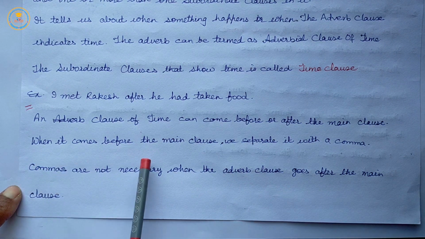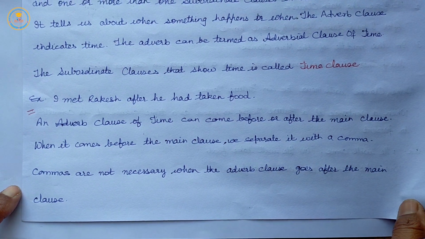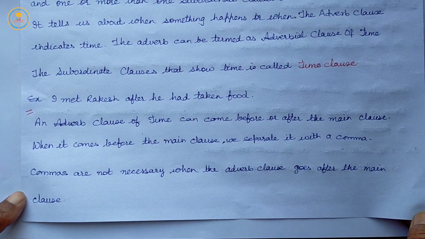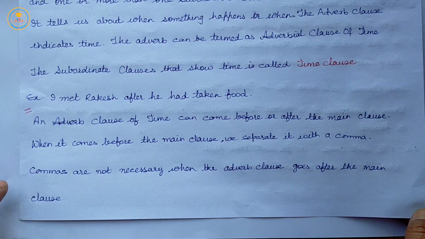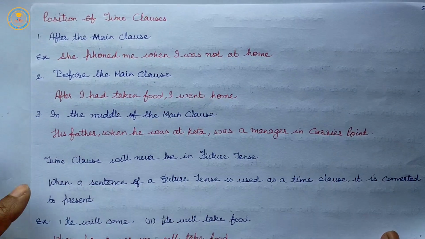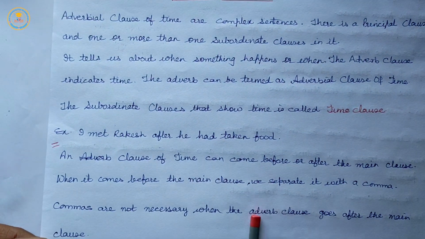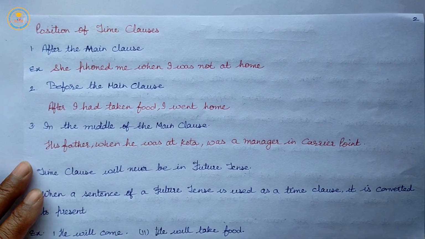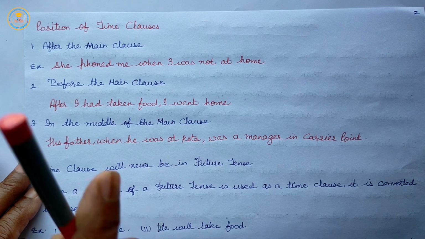When it comes before the main clause, we separate it with a comma. Commas are not necessary when the adverb clause goes after the main clause. So let us have a quick glance over the position of time clauses.